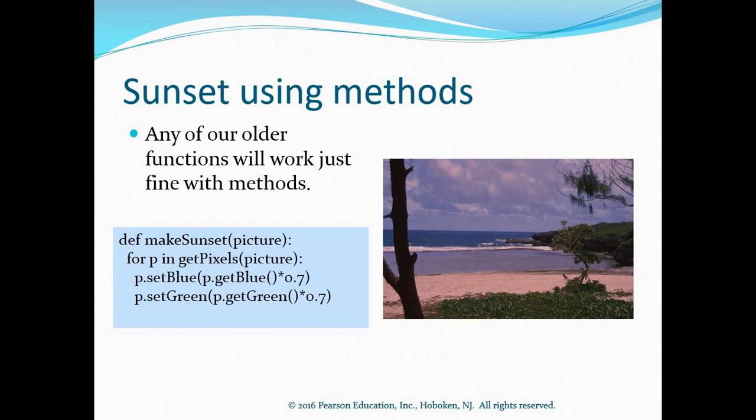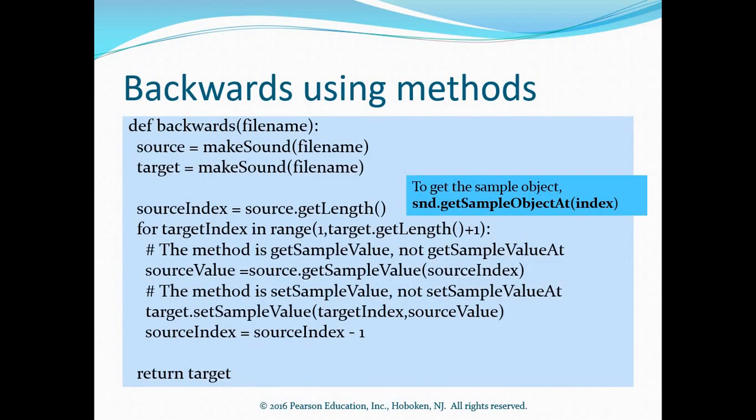Refer back to our sunset function from chapter 4. Notice our code provides comments explaining we're using one method and not a similar method. Seen here. Our comment, and again, another comment.